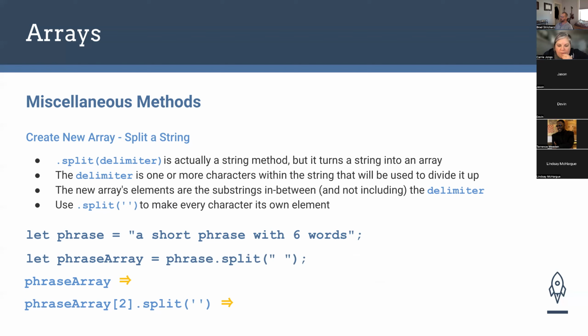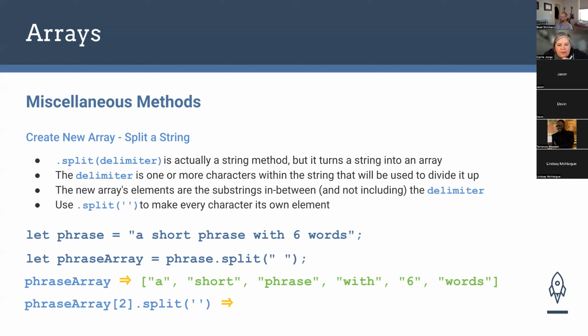And so then what would you expect to see in the array? Would it be a short phrase with 6 words, but missing the spaces? Exactly. Yep. So you get all of those substrings that it goes and finds between all the spaces, but it doesn't include the spaces.